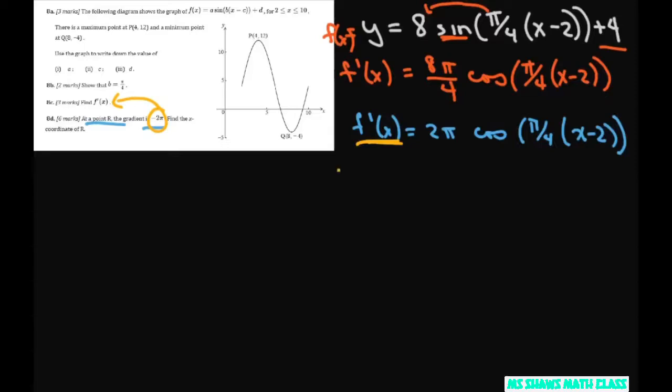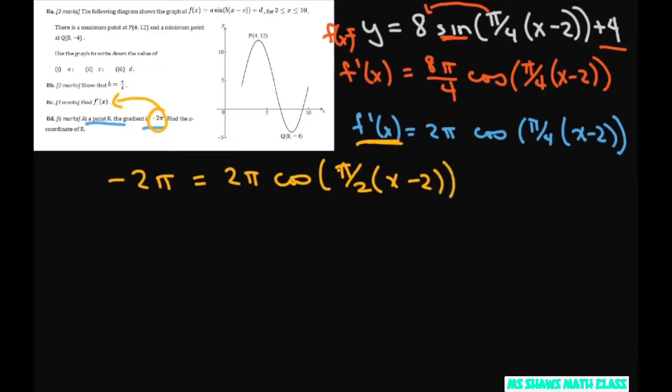So you're going to write negative 2 pi equals 2 pi cos of pi divided by 4 times x minus 2. Now divide both sides by 2 pi and you get negative 1 equals cosine of pi divided by 4 times x minus 2.